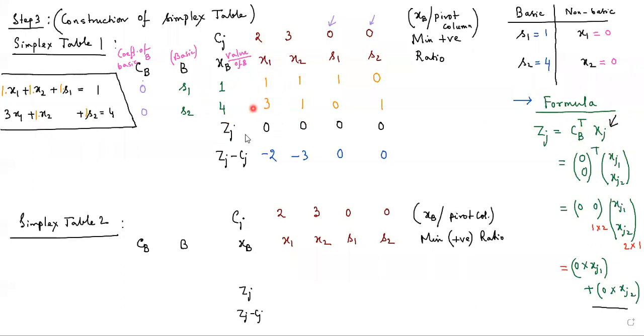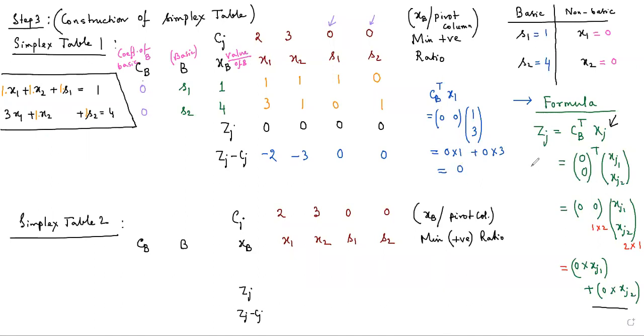Suppose I want to calculate this 0. How do we find it? CBT multiplied by x1. I am multiplying this row by this column 1, 3, and I am getting 0 into 1 plus 0 into 3, which is 0.